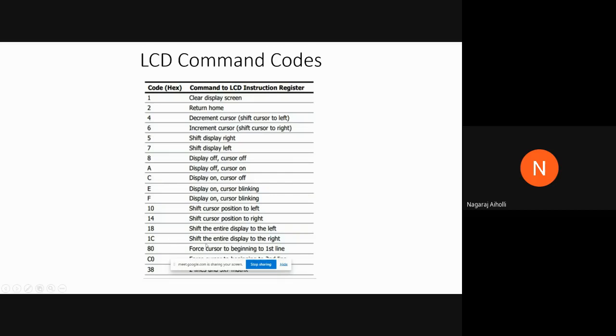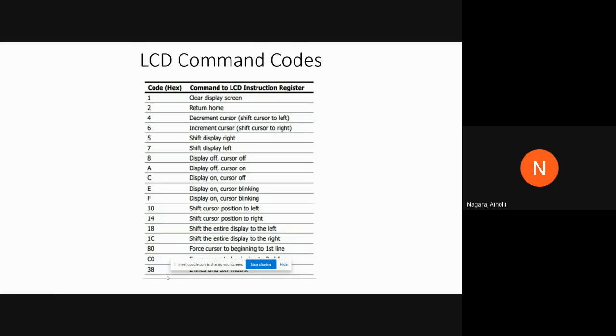Here we are using 1C hex to shift the display to the right. Shift display left is 07 hex, and here it is 18 hex to shift the entire display to the left. Then 80 is to force the cursor to the beginning of the first line. C0 is to force the cursor to the beginning of the second line.